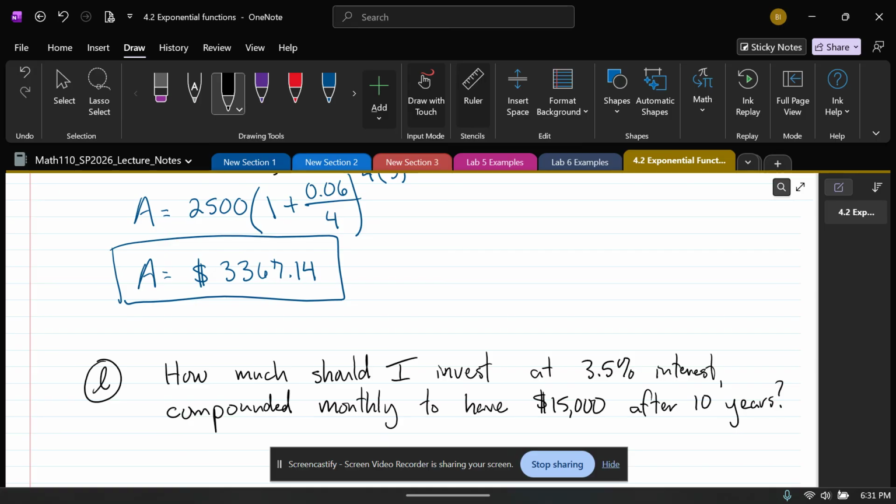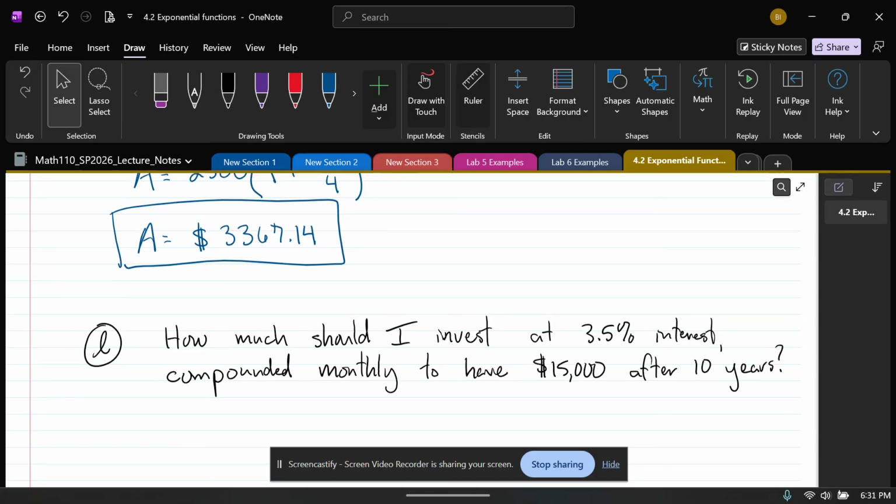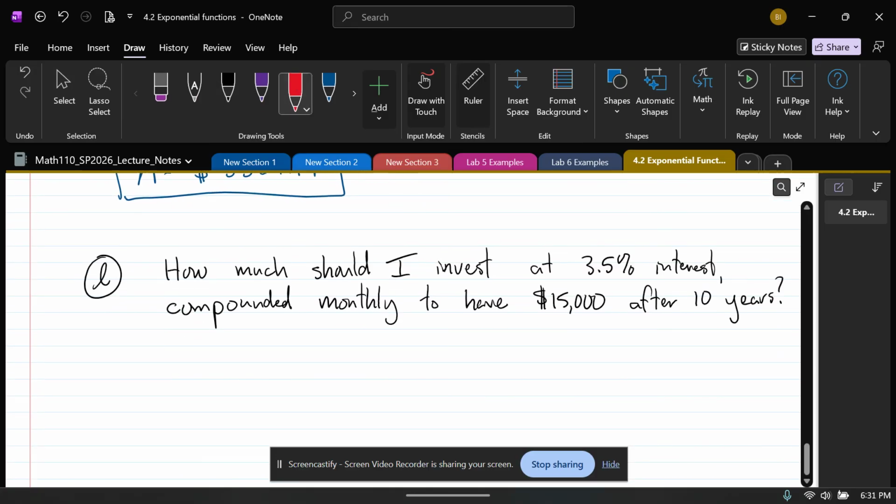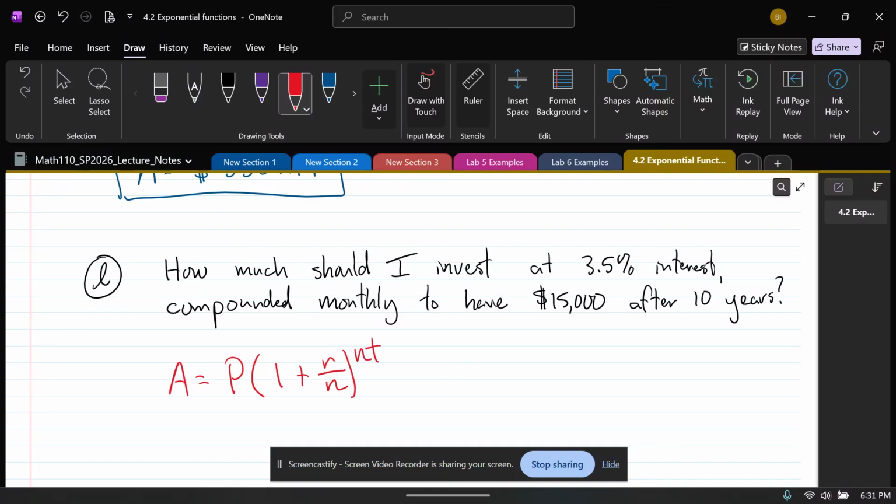Okay. So in this problem, what do I have? So I know I got to have my formula. A equals P times (1 plus R over N) to the NT. What things do I have?